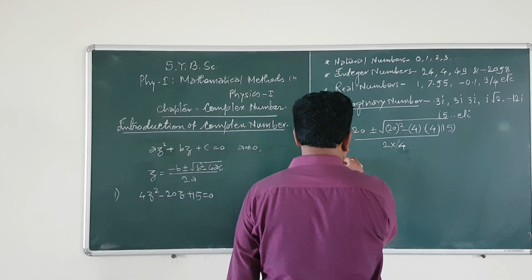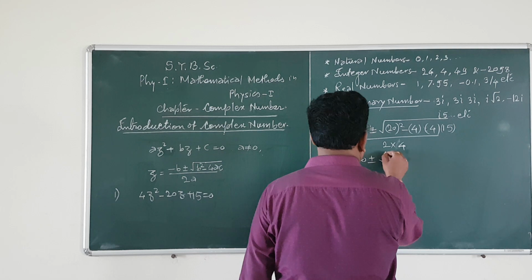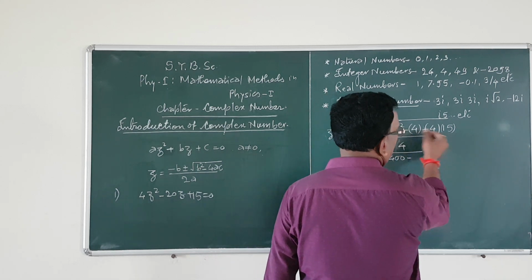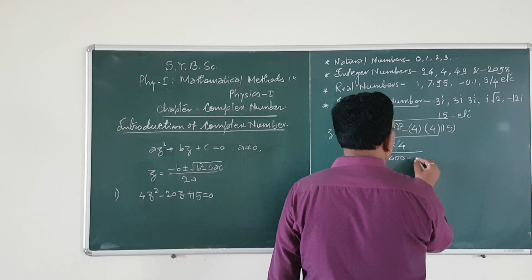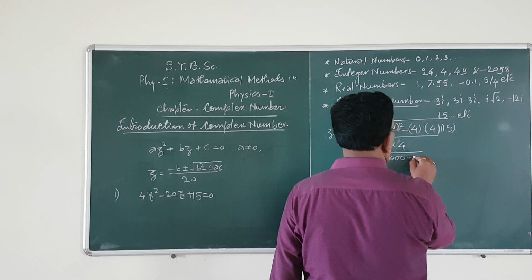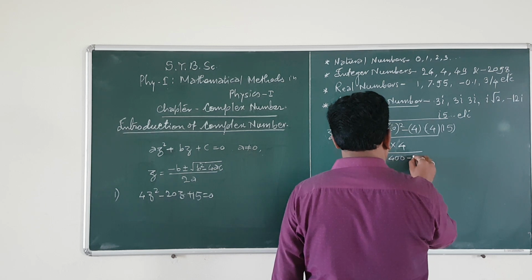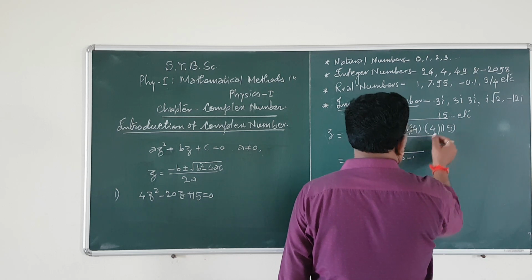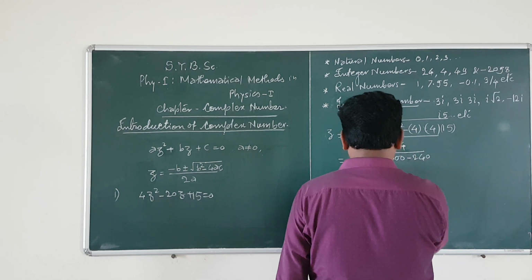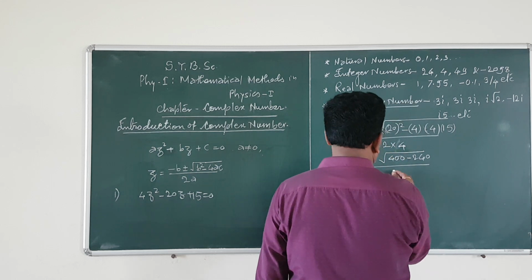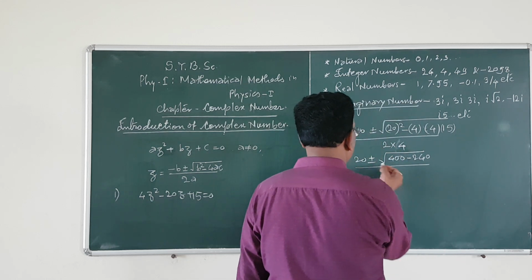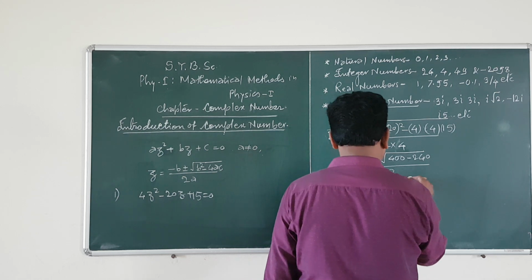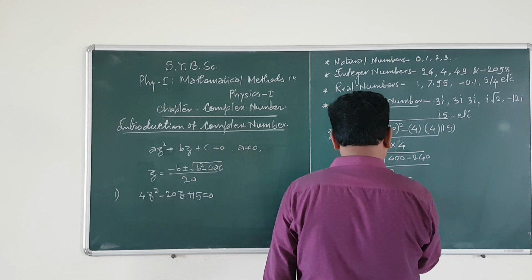After solving this, we will get 20 plus minus square root of 20 square, which is 400, minus 4 into 4, 16 into 15, 240, upon 8. After solving this equation, we get 20 plus minus root 160 upon 8.